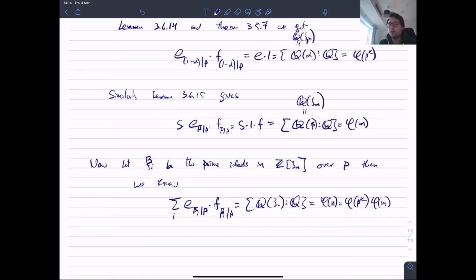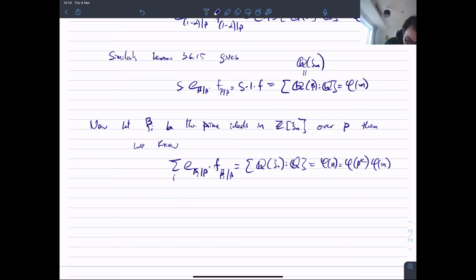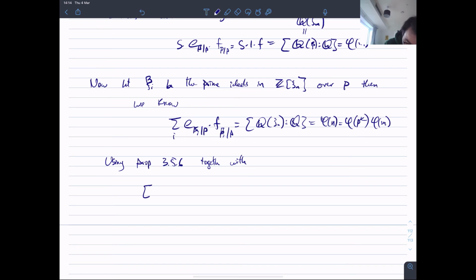So if you use this and compare with the Tower law, so using 3.5.6 together with this, together with the Tower law. So talking about the Tower law, the degree of Q(ζ_n) over Q, the same thing as, let me just write down, let me put this in the middle. My degree, I can factor this in two different ways.